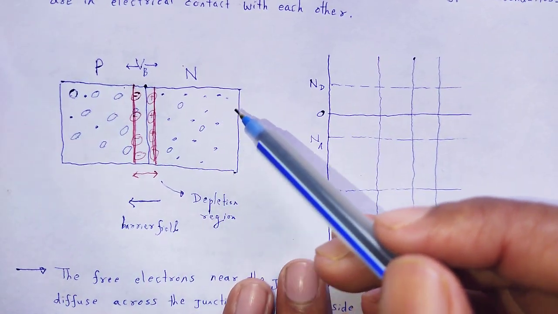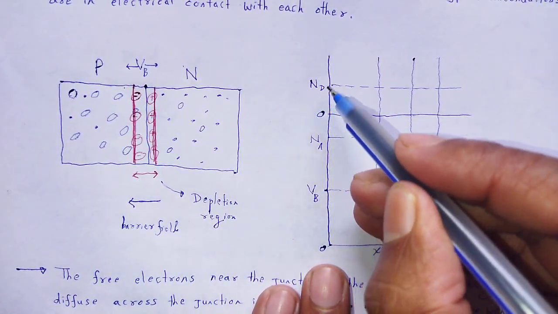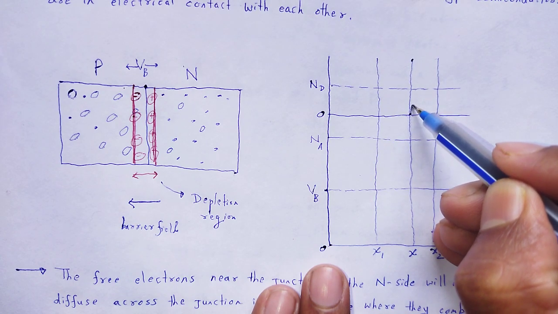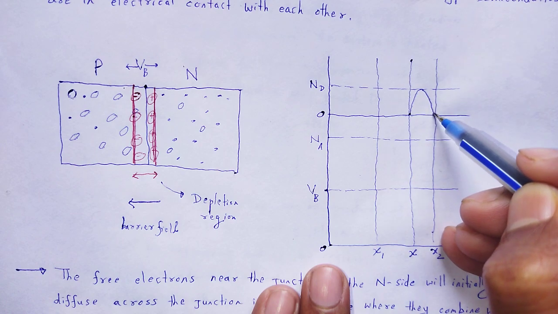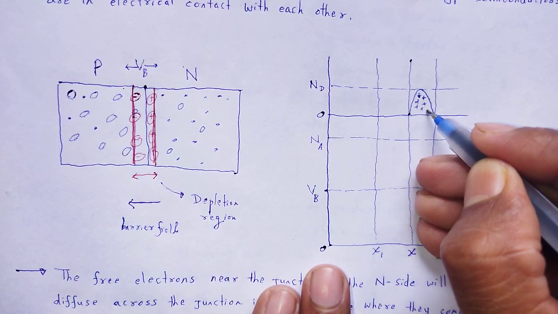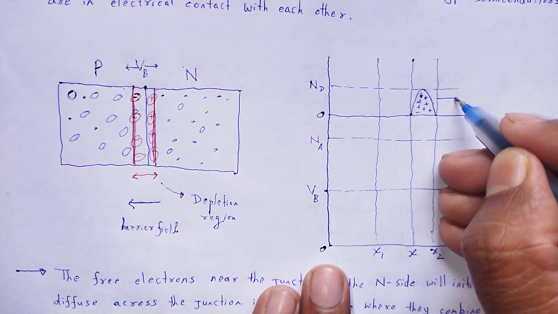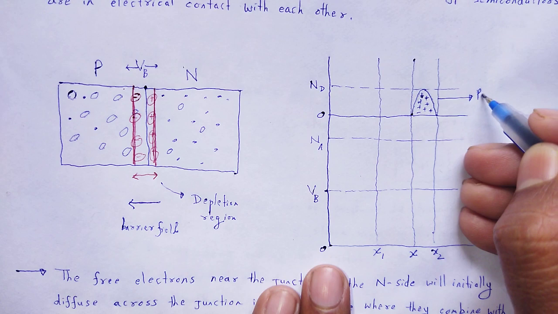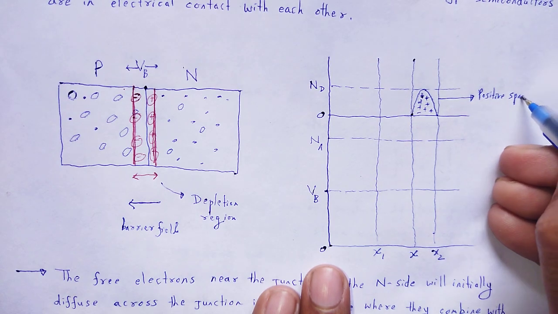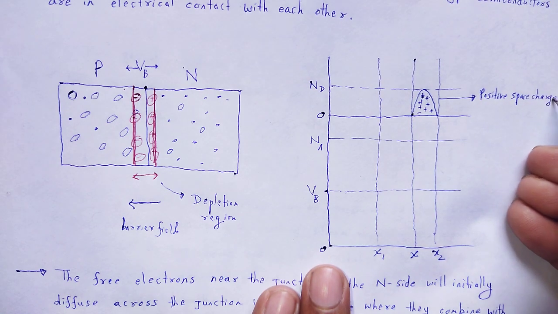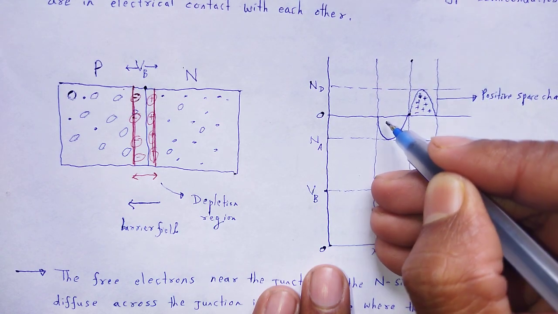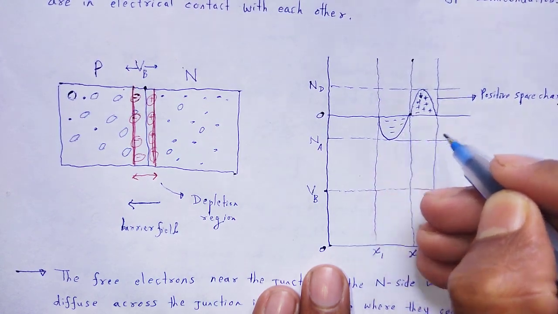First, on the donor section is the positive space charge, and that portion is the negative space charge.